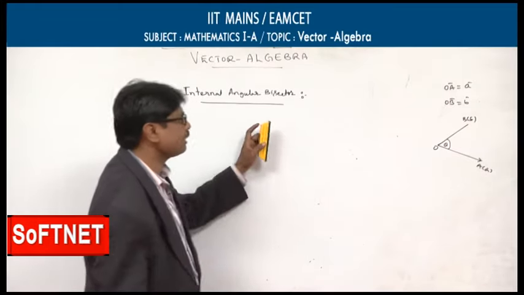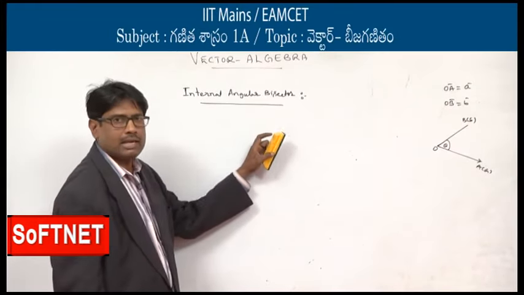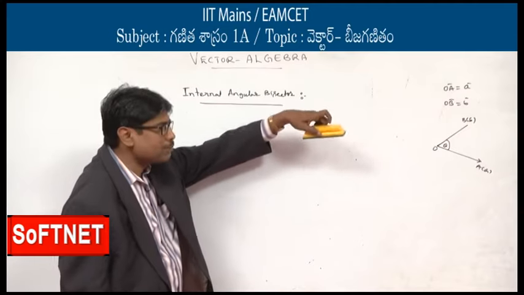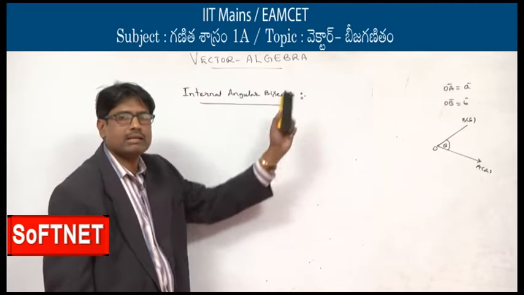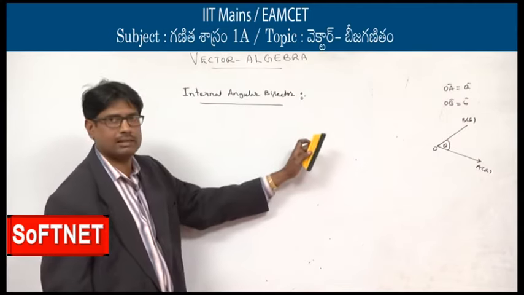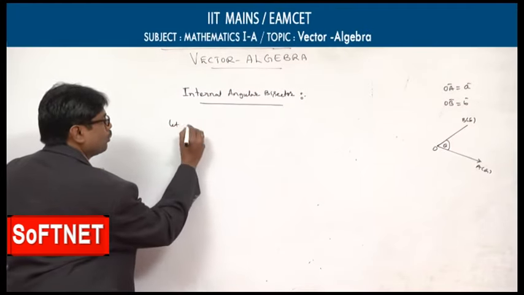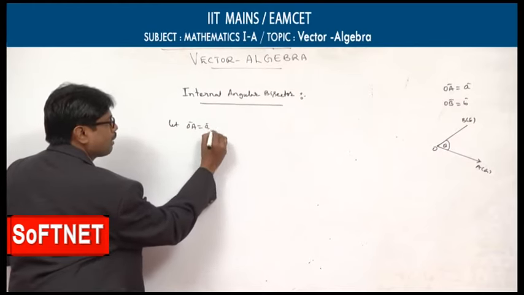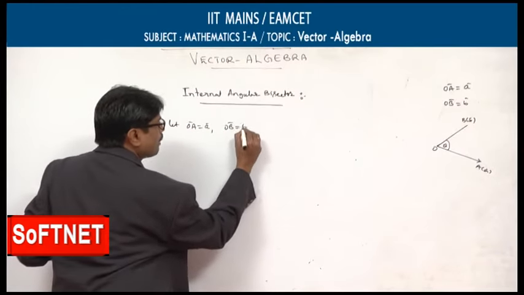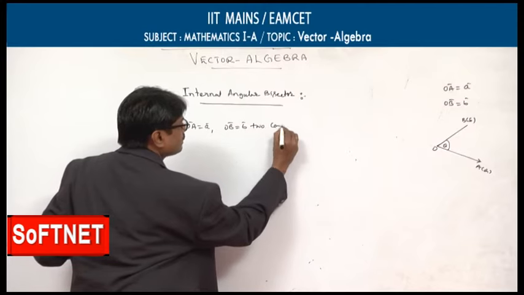What is an internal angular bisector? A line which divides the angle between A bar and B bar into two equal parts is the internal angular bisector. Consider OA bar equal to A bar and OB bar equal to B bar, two coinitial vectors.